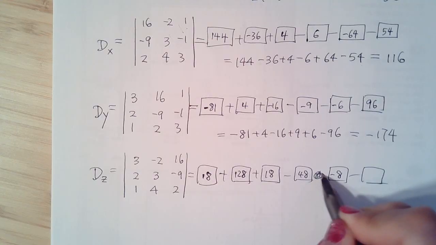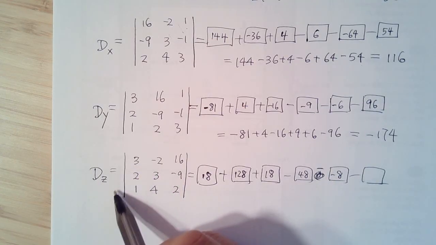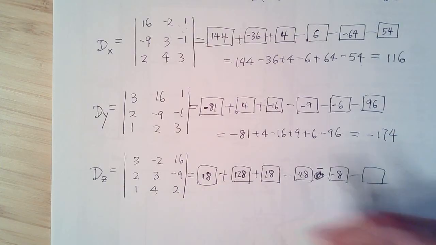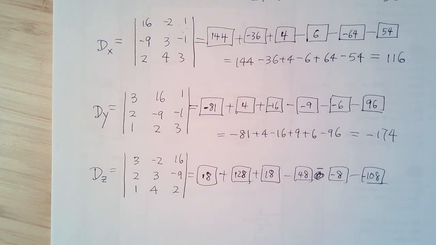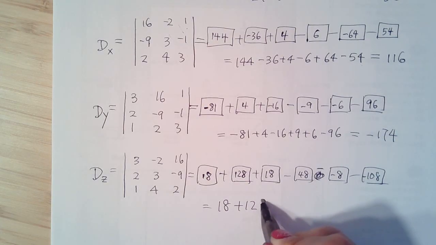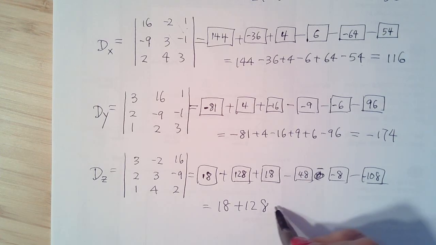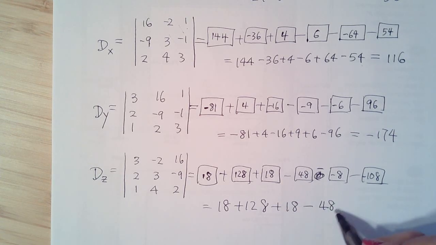Then negative 2, 2, 2 is negative 8. Oh, sorry, here should be minus. Why did I put positive there? And the other one, 3, 4, 9, is 108. So that is 18 plus 128 plus another 18 minus 48 plus 8 plus 108.